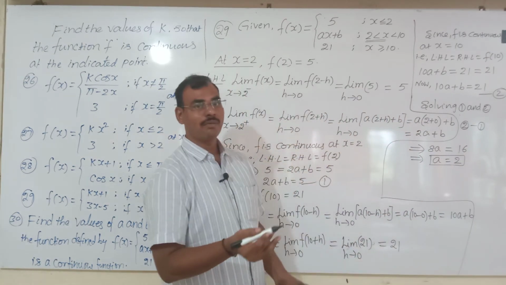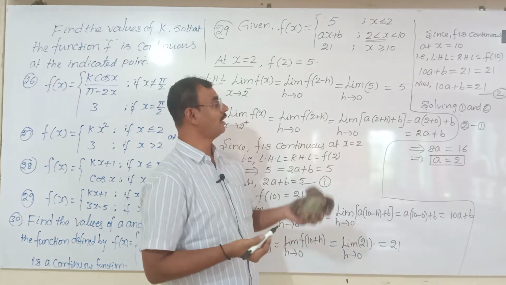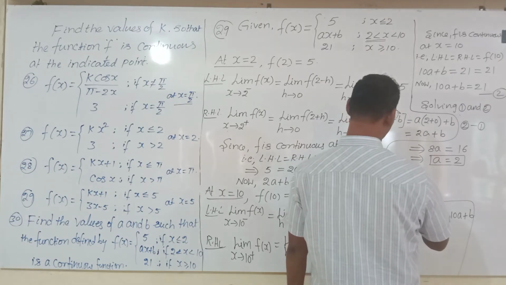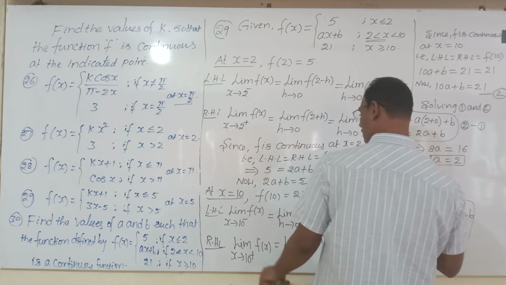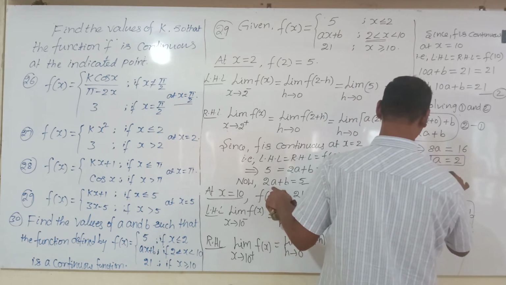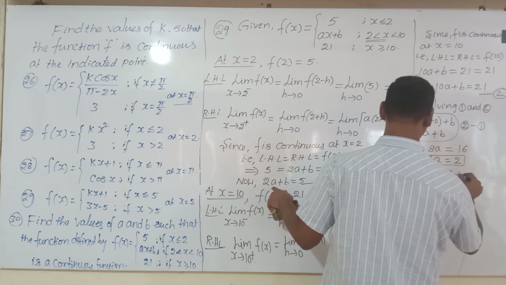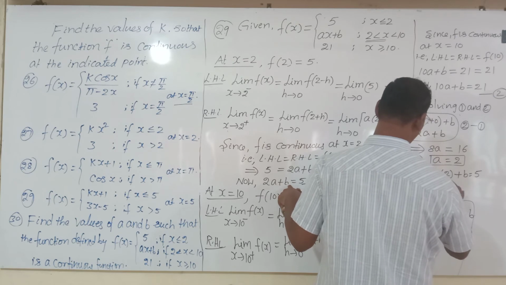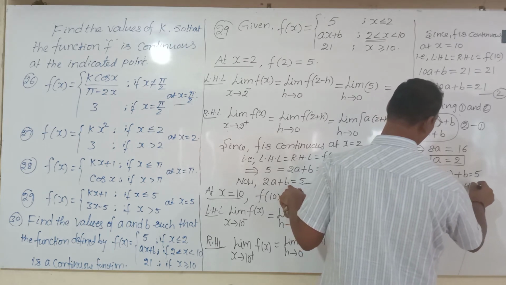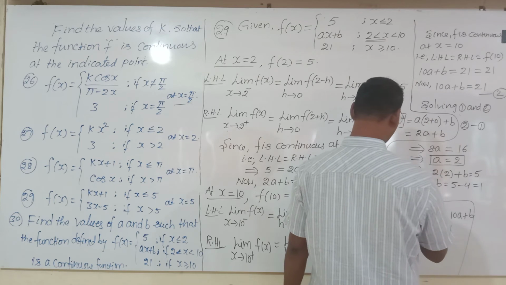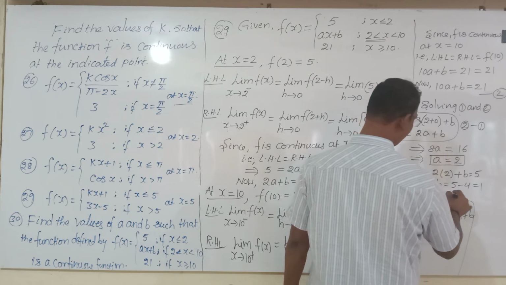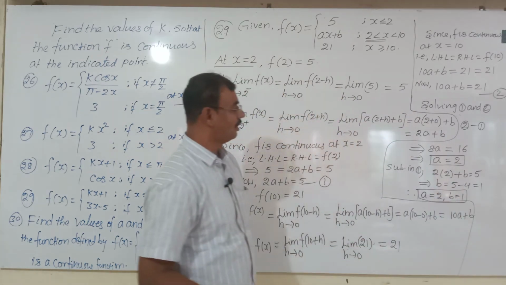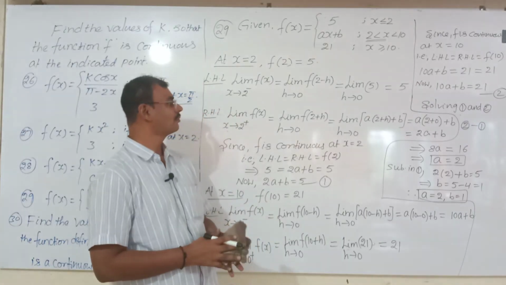Whenever we know one number, we can easily find the second number from equation 1 or 2. Substitute in equation 1. So 2 into 2 plus b is equal to 5. So b is equal to 5 minus 4, that is equal to 1. Therefore, a is equal to 2, b is equal to 1. So these are the values of a and b.